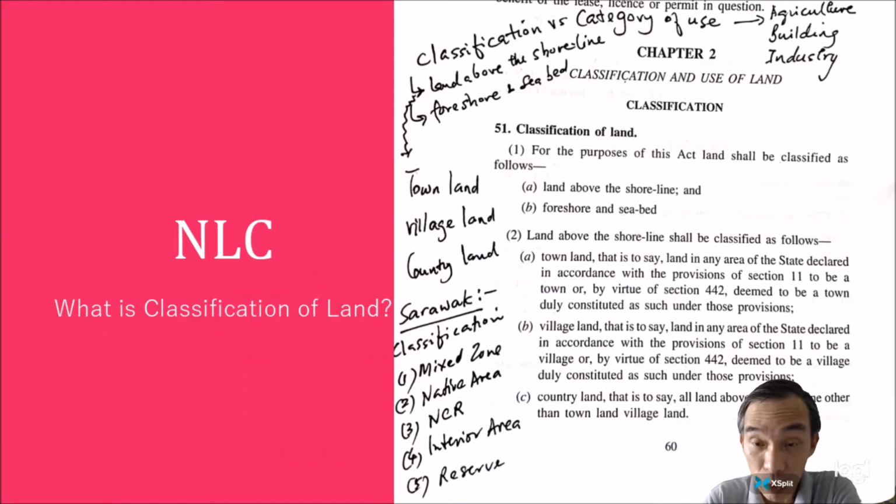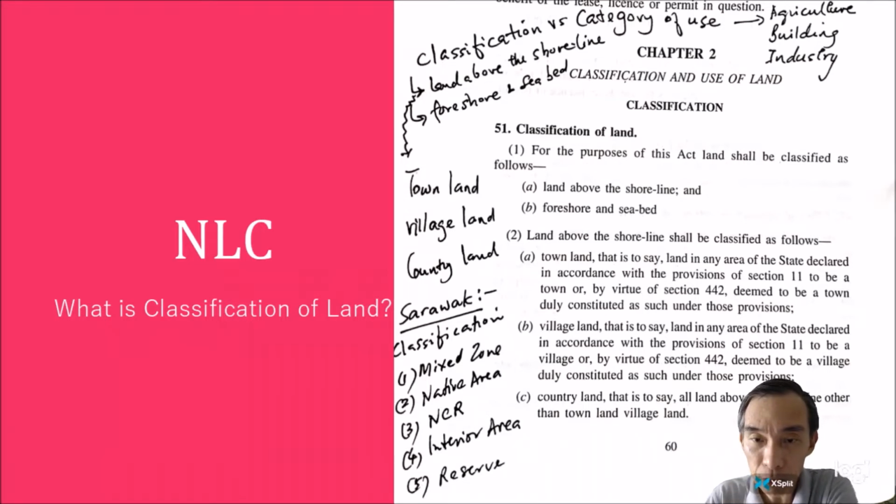So this is how the National Land Code classifies land, by how far it is from the shoreline, and whether it is above the sea. For those beneath the sea, there is a different classification again.